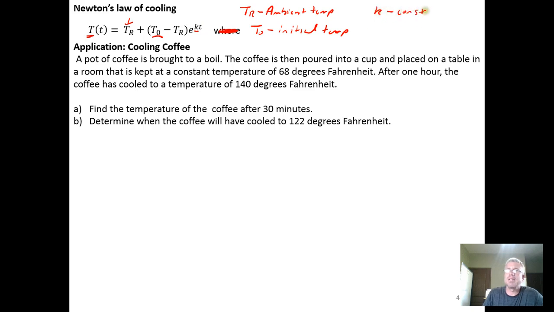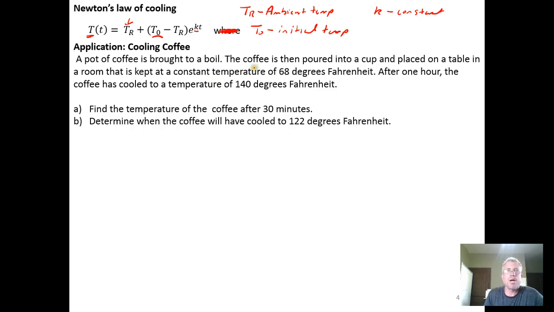It is dependent on the physical properties of the object that is being heated or cooled, and t is just representative of time in this model. So we have ambient temperature plus initial temperature of the object being heated or cooled minus ambient temperature times e to the kt, where k is just a heating or cooling constant dependent on the physical properties of the object that's being heated or cooled.